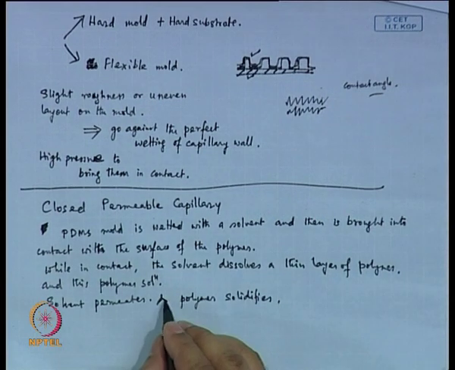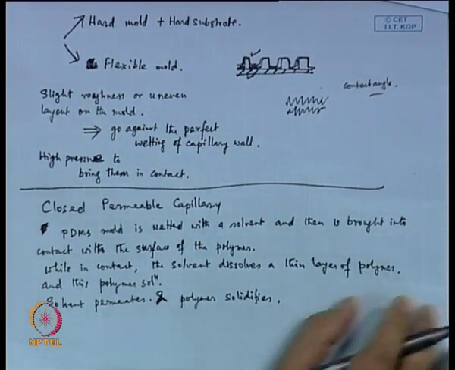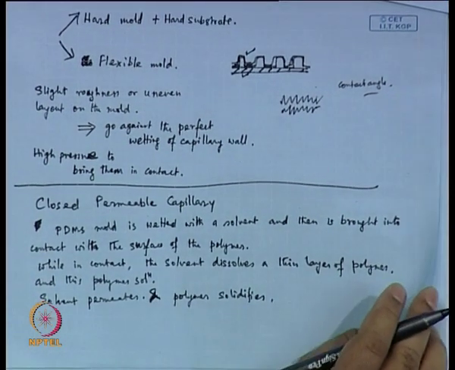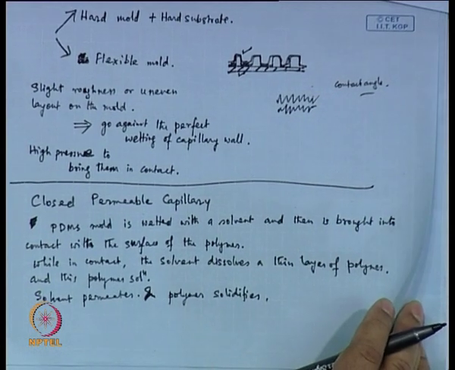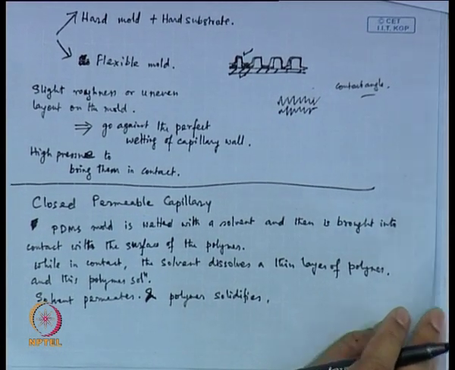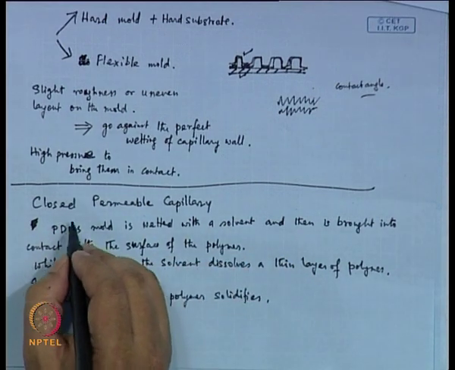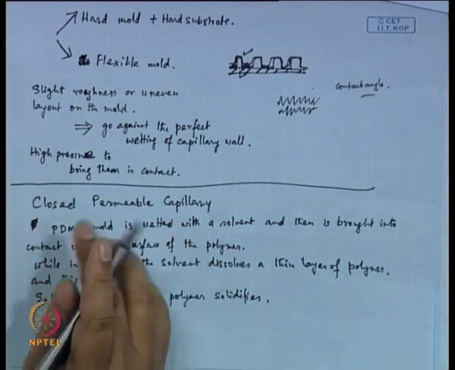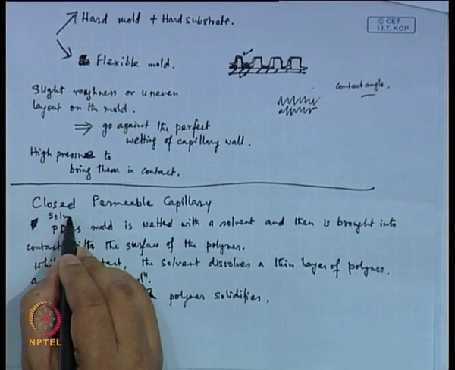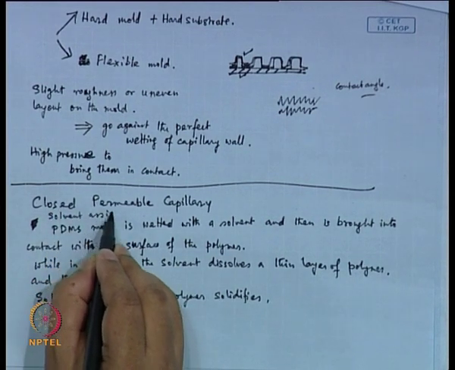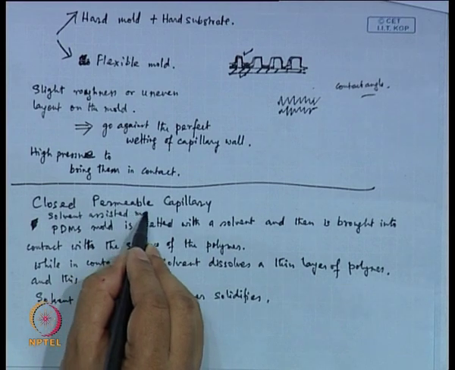Solvent permeates and polymer solidifies. So, basically this is what you call solvent assisted molding. This is given the name solvent assisted molding.